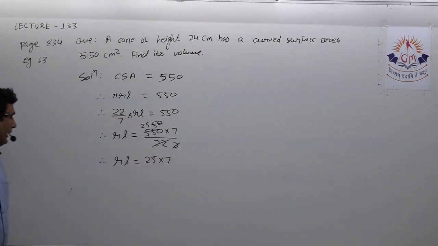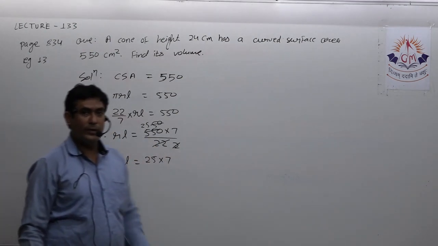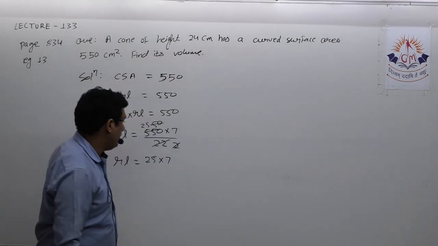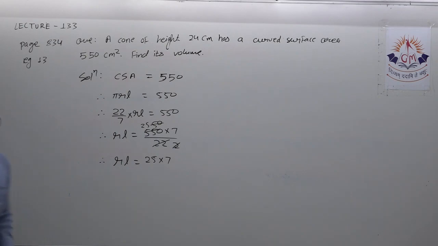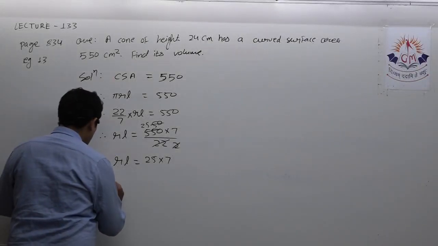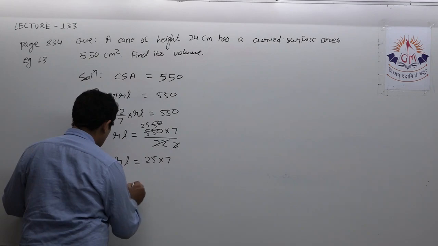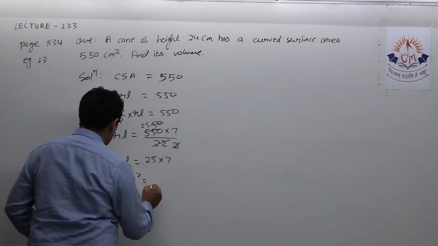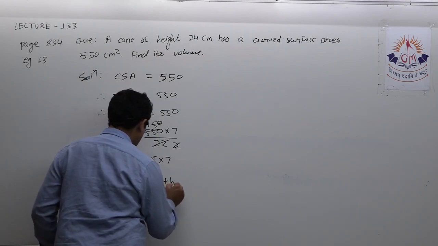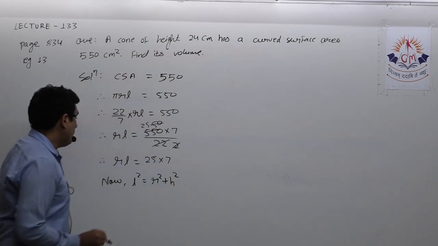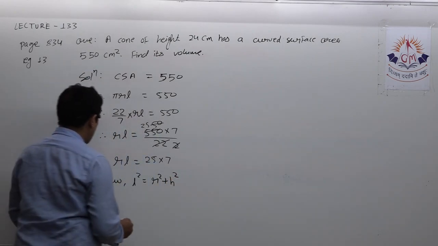Now after that, we have a relation between radius, height and the slant height. We use that to solve it further. So think for a while how you solve this. Okay, so now we have L square is equal to R square plus H square.